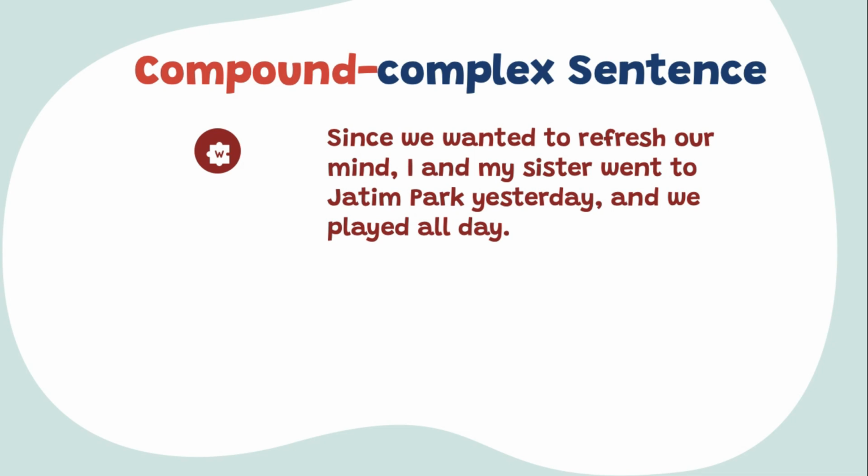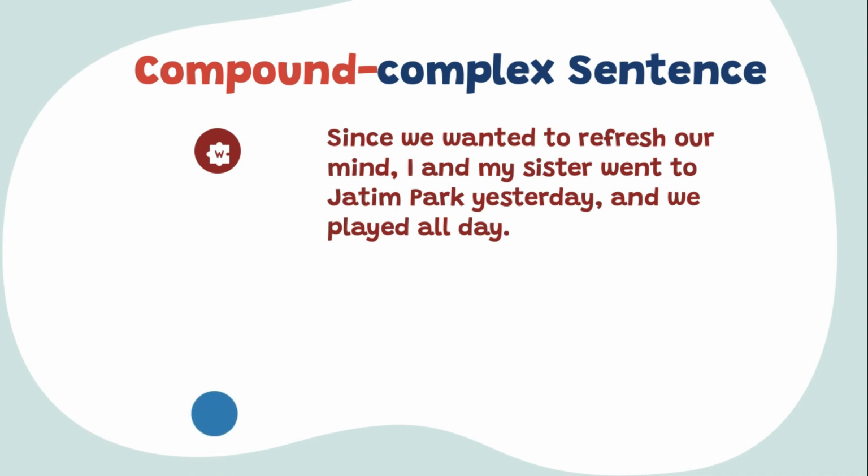There are three parts. The first part is since we wanted to refresh our mind. And then the second one, I and my sister went to Jatim Park yesterday. And the third one is we played all day. Let's see, there are three parts of the sentence which are joined together using the subordinating conjunction since and also and.